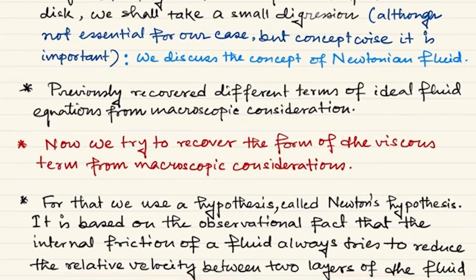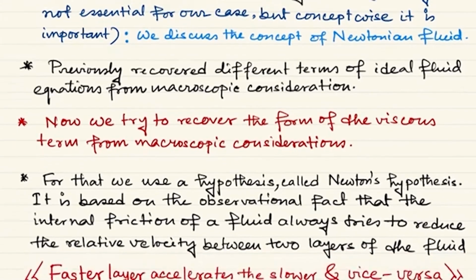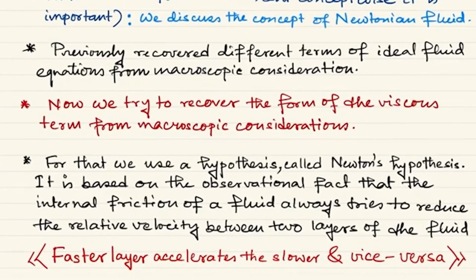It simply means that if you have two layers of fluid, then the faster layer will always try to accelerate the slower layer, and the slower layer will always try to retard or decelerate the faster one.